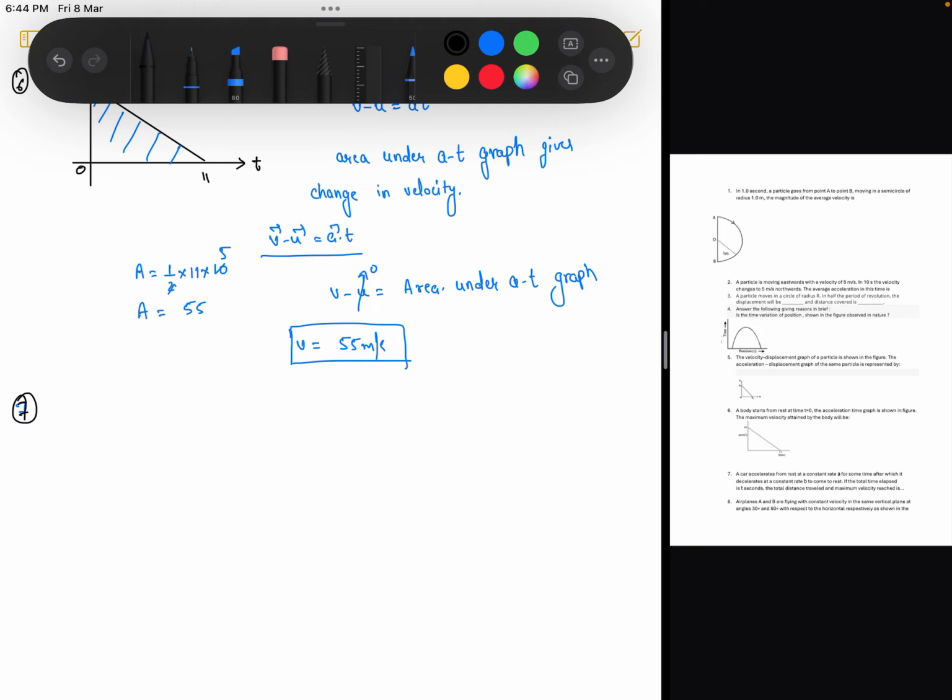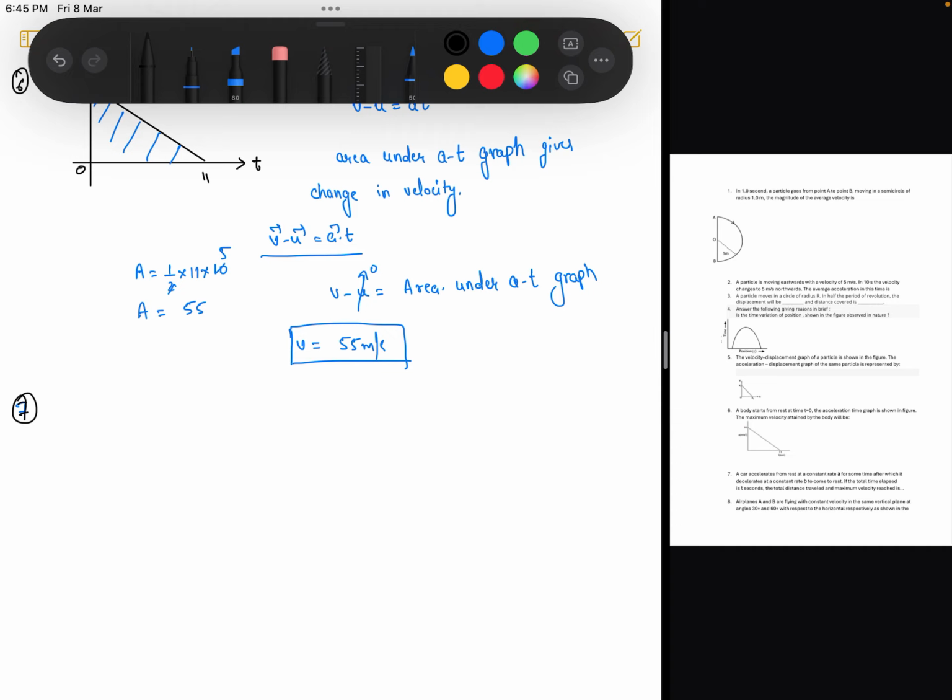Okay, so this is also a JEE Advanced subjective type question. A car accelerates from the rest at a constant rate alpha for some time, after which it decelerates at the constant rate beta to come to rest.